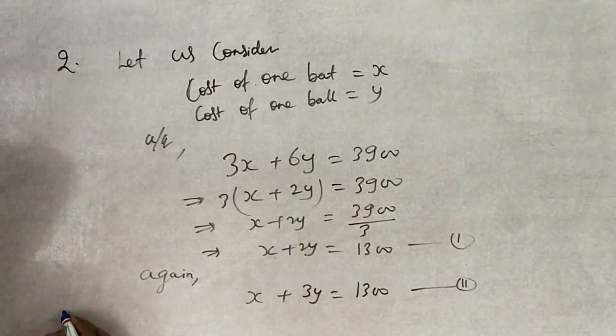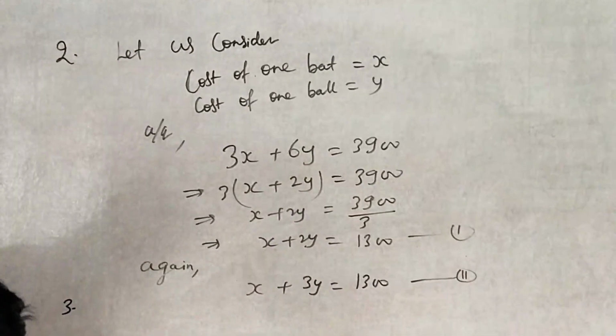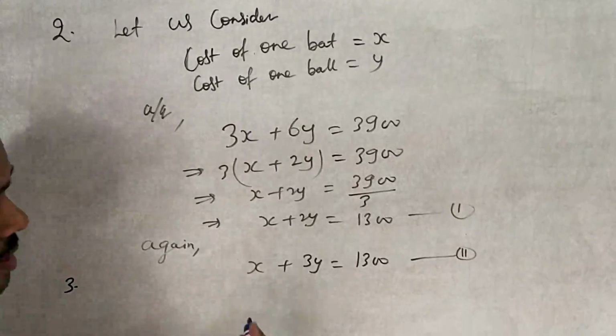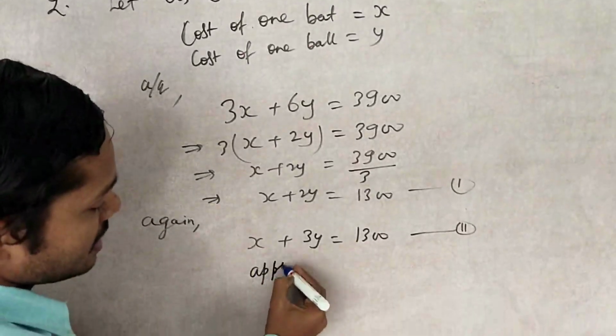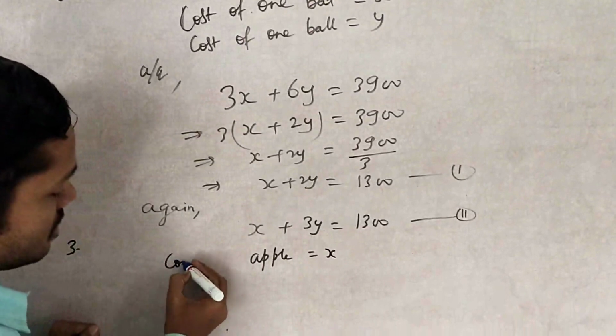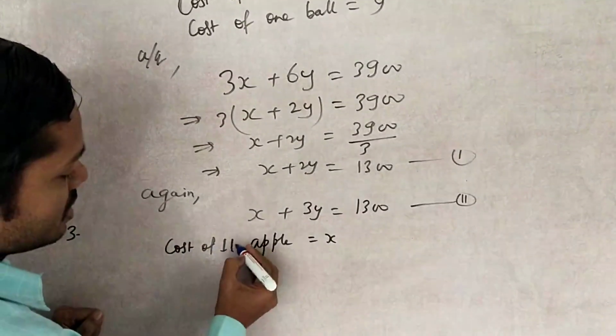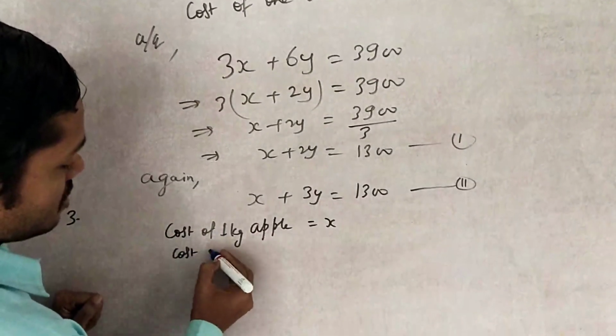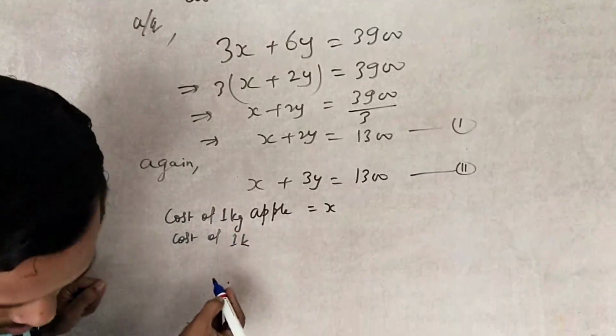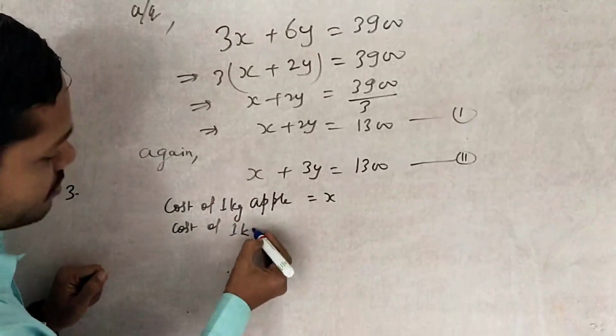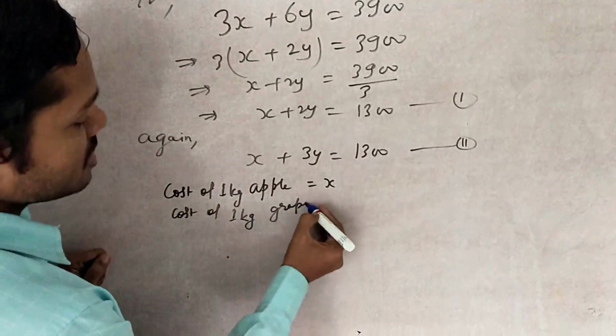Question number 3. According to this one, the cost of 2 kg of apple. So just think about that, the apple price is x. Cost of 1 kg of apple. Cost of 1 kg of grams is equal to y.